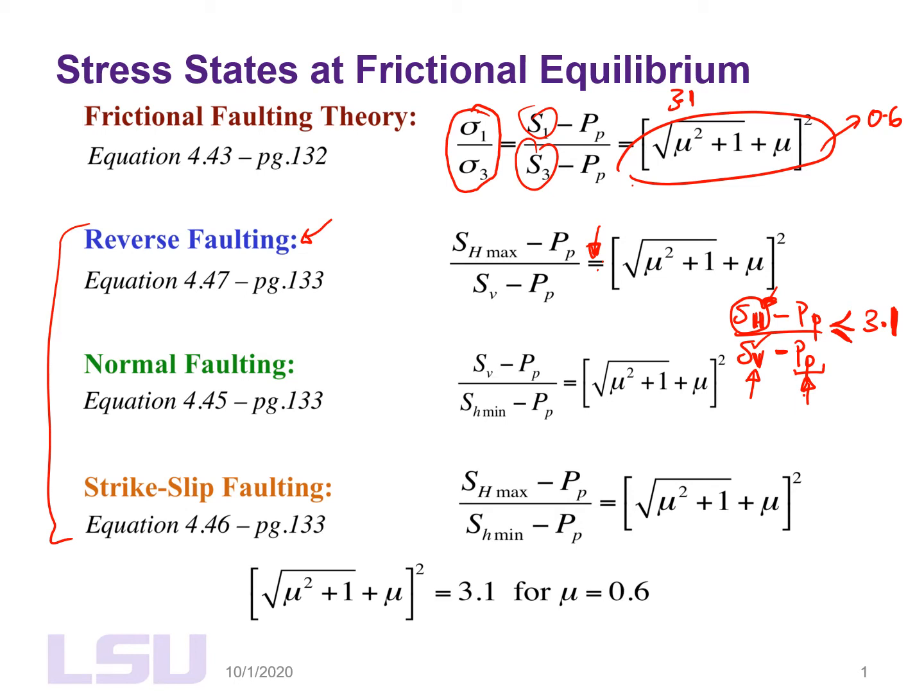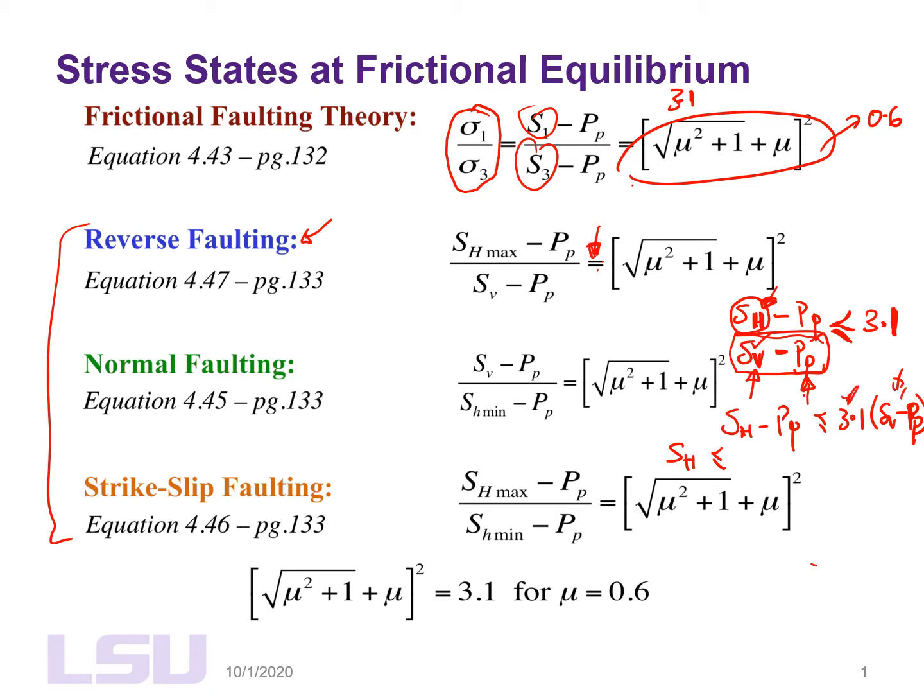So you know everything except SH. Make SH the subject of the equation. Multiply both sides by this, which gives you SH minus pore pressure is less than 3.1 times SV minus pore pressure. We have just multiplied both sides by SV minus pore pressure. Now SH is less than or equal to, so you take minus pore pressure to the other side, it becomes plus pore pressure, and you have 3.1 times pore pressure with a minus.